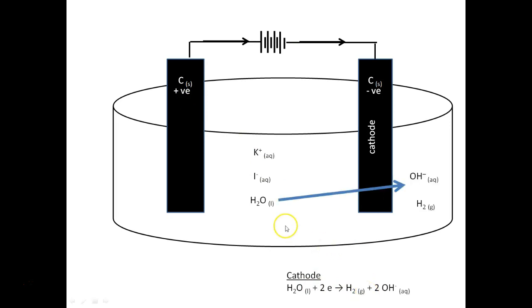And so we can show our water going across and undergoing its reduction reaction to produce our hydrogen gas and our hydroxide ion. Okay? As we said before, my positively charged electrode is my site of my oxidation reaction. So I know this is my oxidation reaction. So we can have our ions travel across and undergo their reaction.